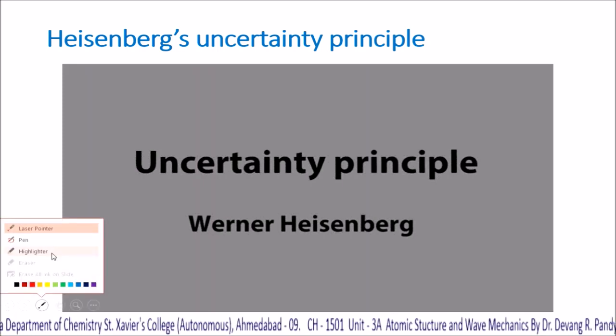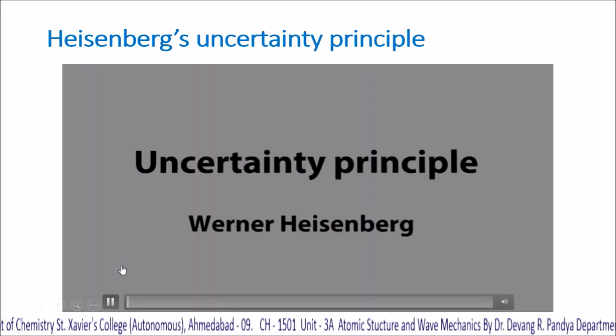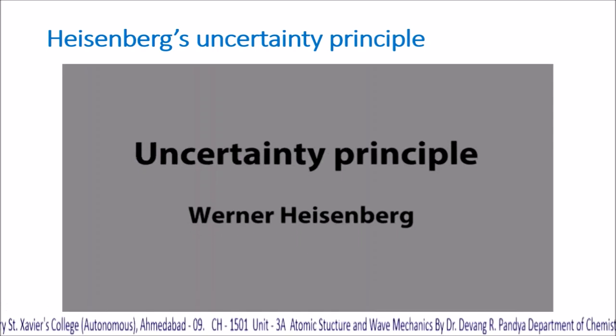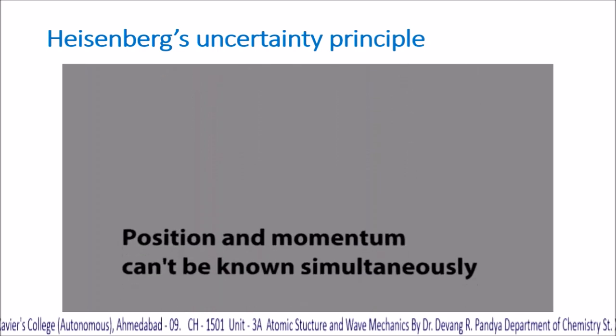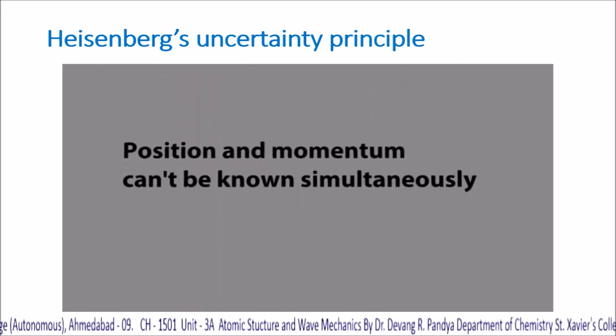The uncertainty principle of Heisenberg. Let's see what happened here. The position and momentum cannot be known simultaneously.